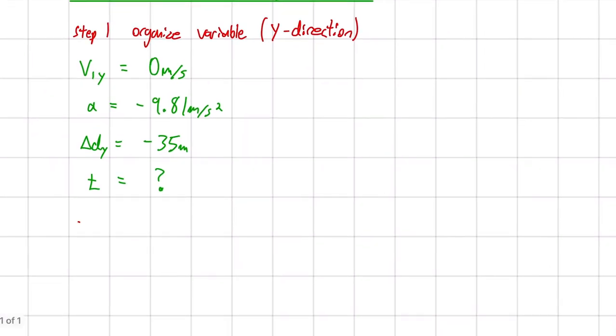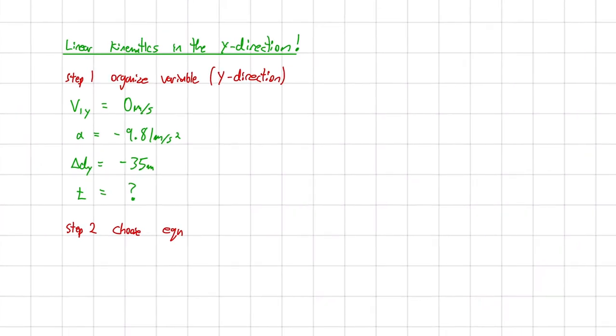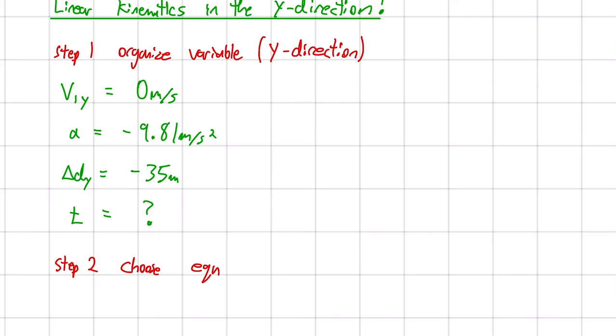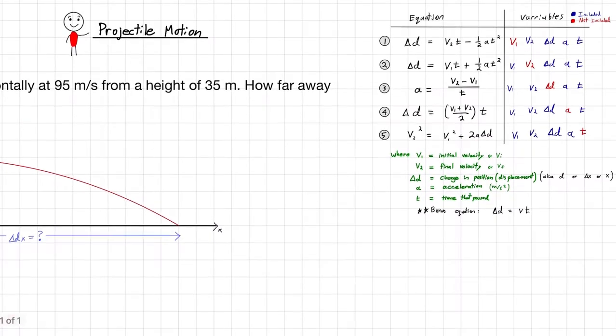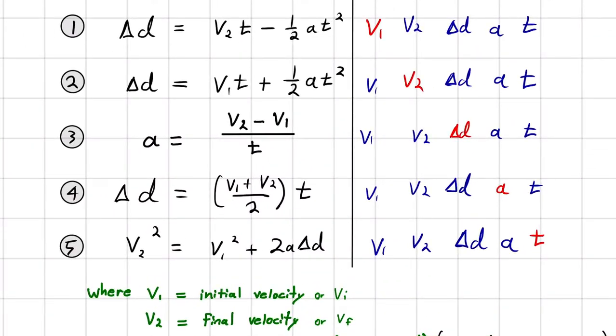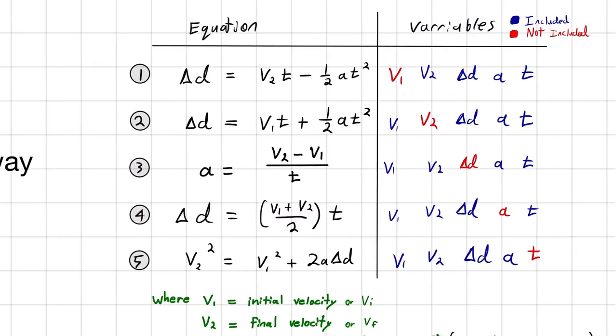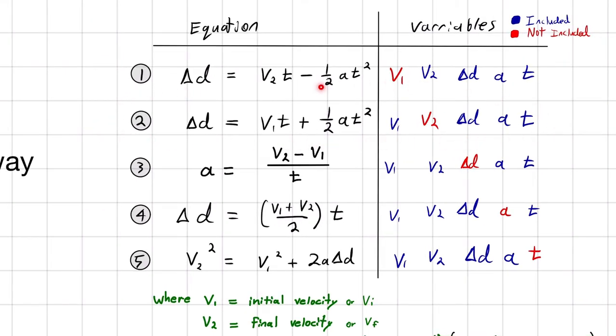All right, continuing on. Step 2 is to choose an equation. And then what we're going to do is look at our variables: v1, acceleration, delta d, and time. We're going to come over to our chart here, see which one of our equations uses all four of those variables. So v1, delta d, acceleration, and time.